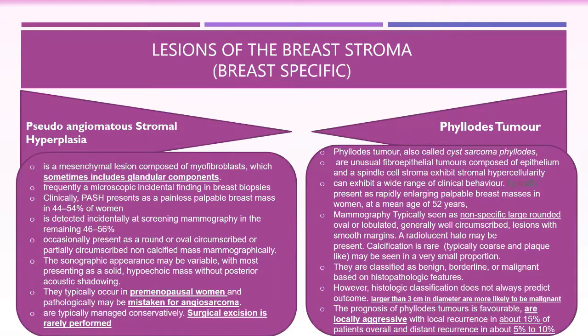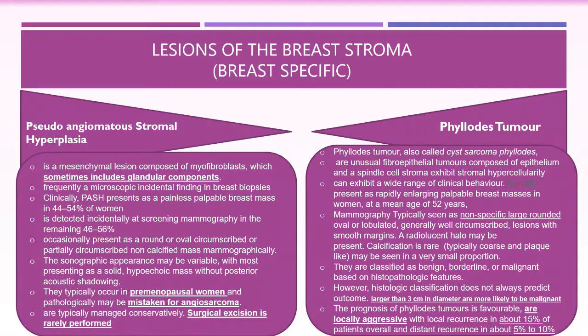We cannot differentiate benign from malignant because there are 3 pathological grades of phylloides tumor: benign, borderline, or malignant. We cannot typically differentiate the 3 by imaging.